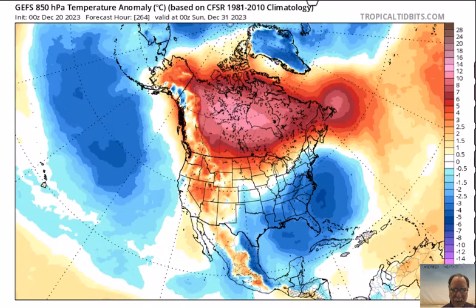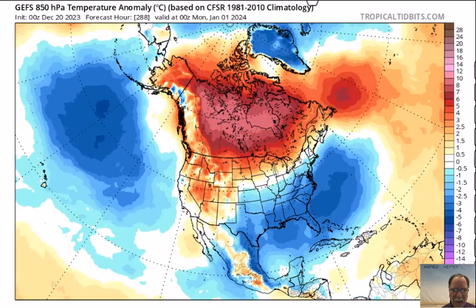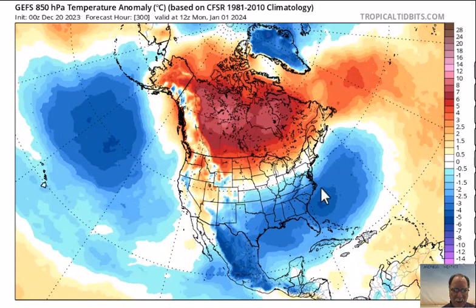And it does indeed stick around here for a while, going all the way into the new year. Here we go, New Year's Day, below normal across the southern and much of the eastern U.S. with higher temperatures than normal, kind of confined more and more to Canada as we get into the end of December, early part of January.